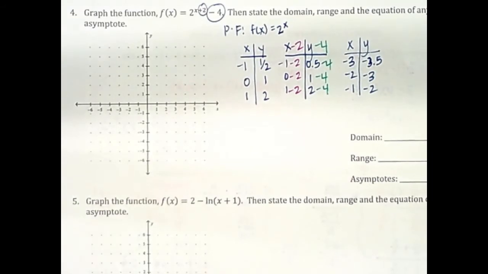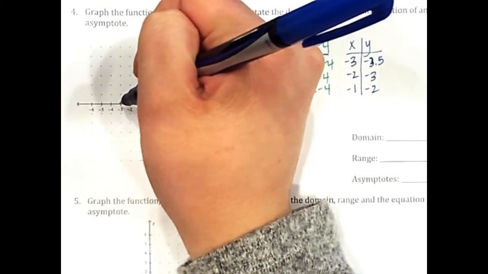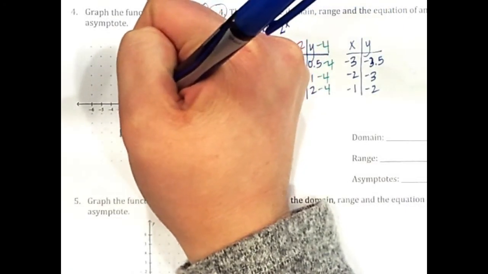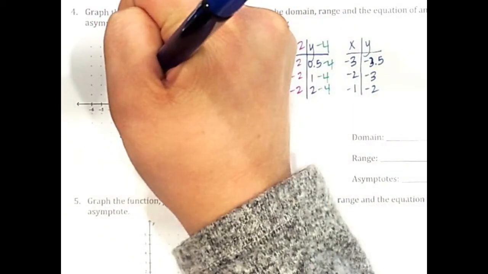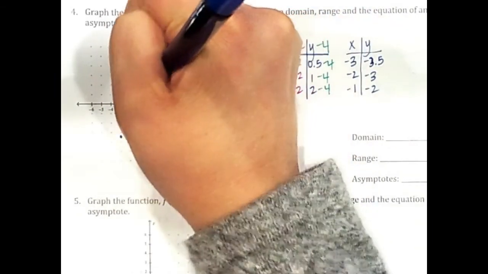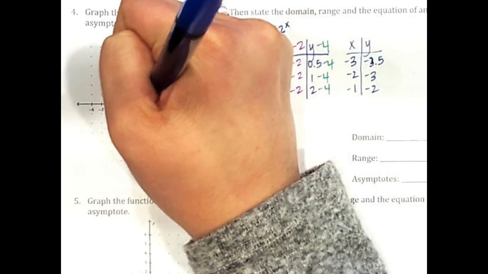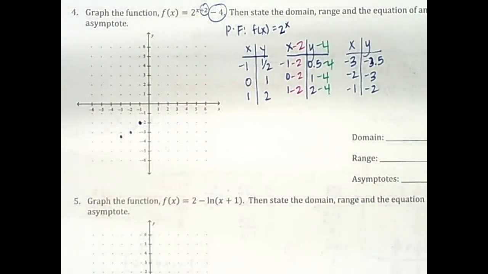Okay, so we can start by graphing that. -3 is at -3.5. -2 is at -3. And -1 is at -2. Now remember, there were no reflections here. There's just a shift up and down and left and right.